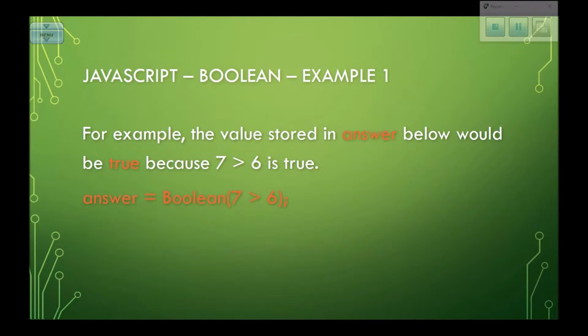So, for example, I'm going to assign answer this value, right, my variable, and then an equal sign. I'm going to assign it whatever Boolean of 7 is greater than 6 is. Well, 7 is greater than 6, so this is true. So the value, lowercase true, is going to be stored in answer. Since it's true, Boolean returns true, and it's going to put that value into answer.